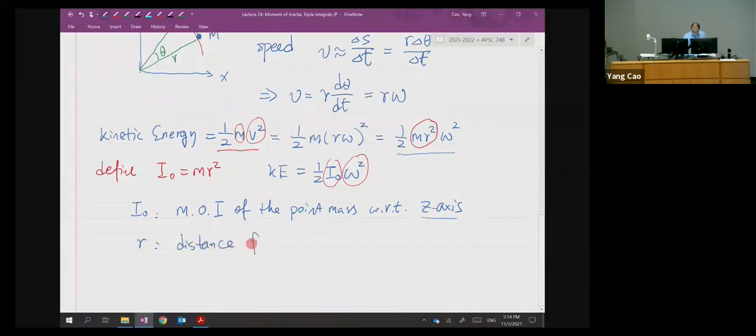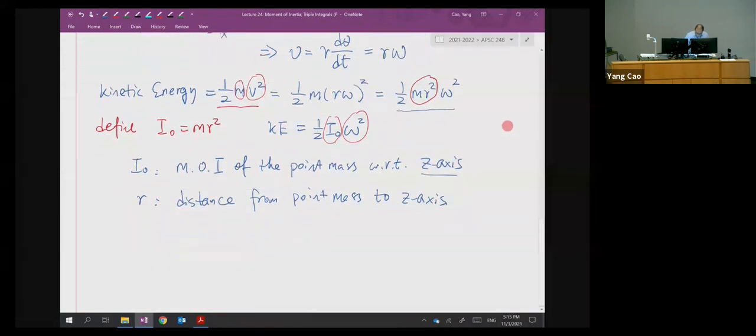It has to be the distance from the point mass to the z-axis. If this distance is from the point mass to some other axis, then you get a different moment of inertia. So your I naught is the formula m r squared, the formula for calculating the moment of inertia of a point mass with respect to the z-axis.